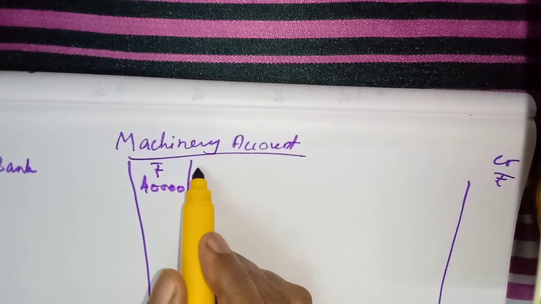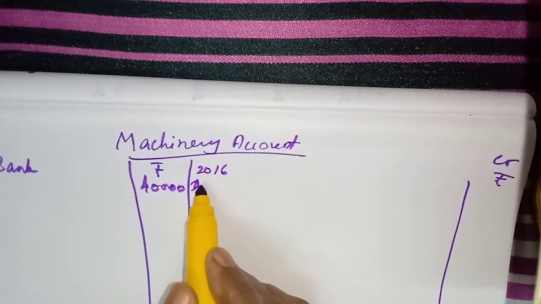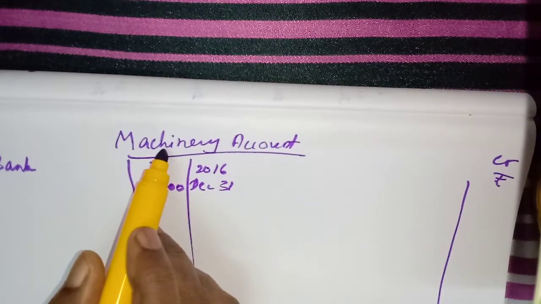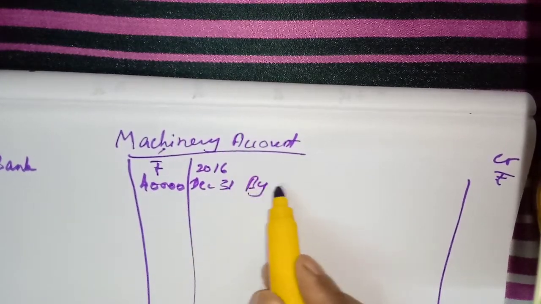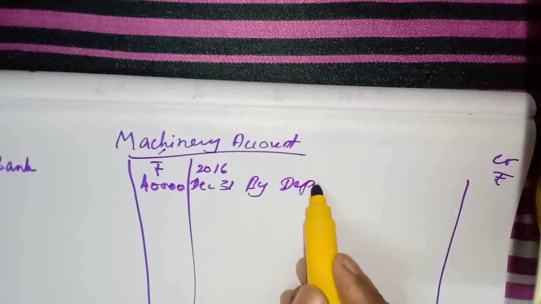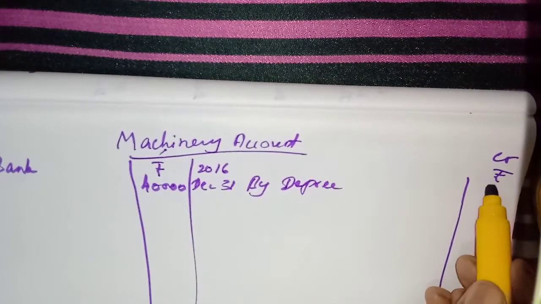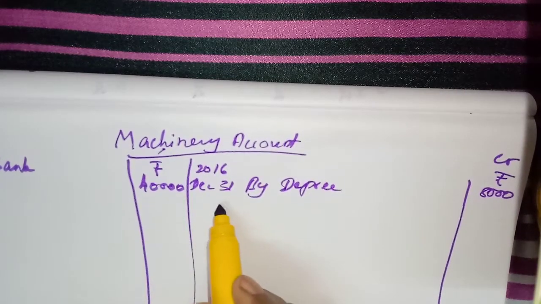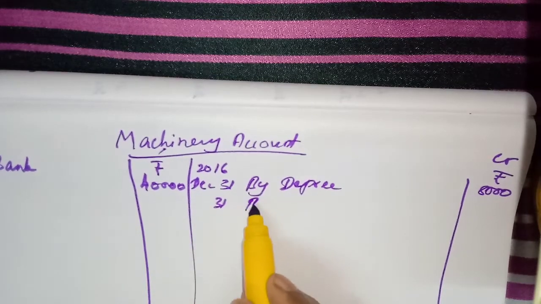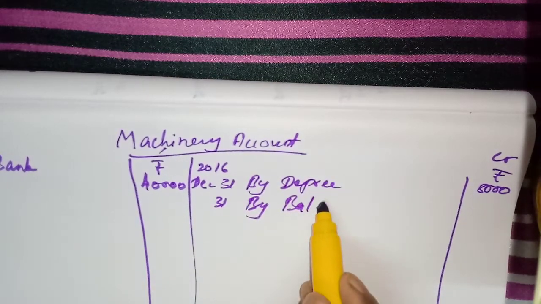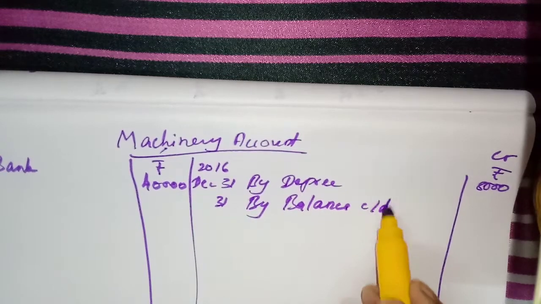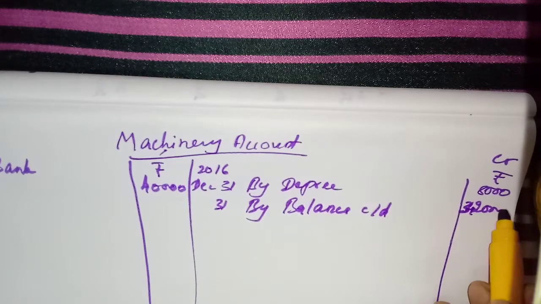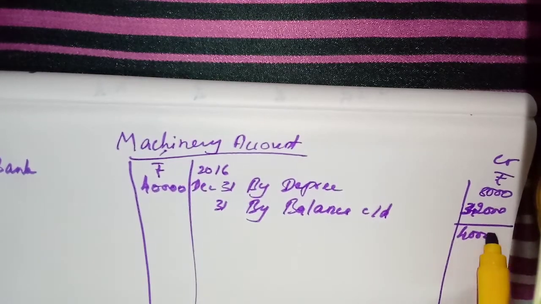Isn't it? Then, same year ended December 31. Depreciation account to machinery. So, machinery is credited. So, we need to write by depreciation, amount 8,000. Now, we need to calculate the balance. We need to balance the account by balance carried down, 32,000. Total 40,000.